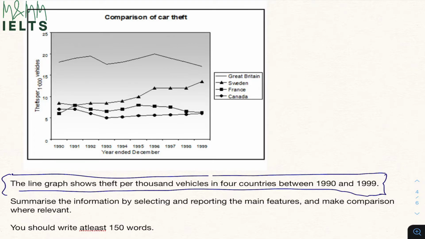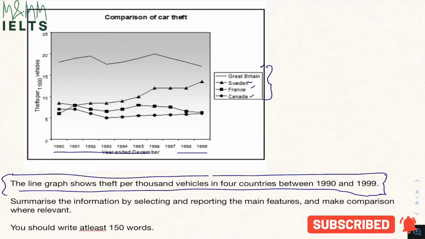As you can see, as per the line graph, they have given us these 4 countries: Great Britain, Sweden, France, and Canada. Years 1990 all the way up to 1999, and theft per 1,000 vehicles, like how many cars were stolen per 1,000 vehicles.